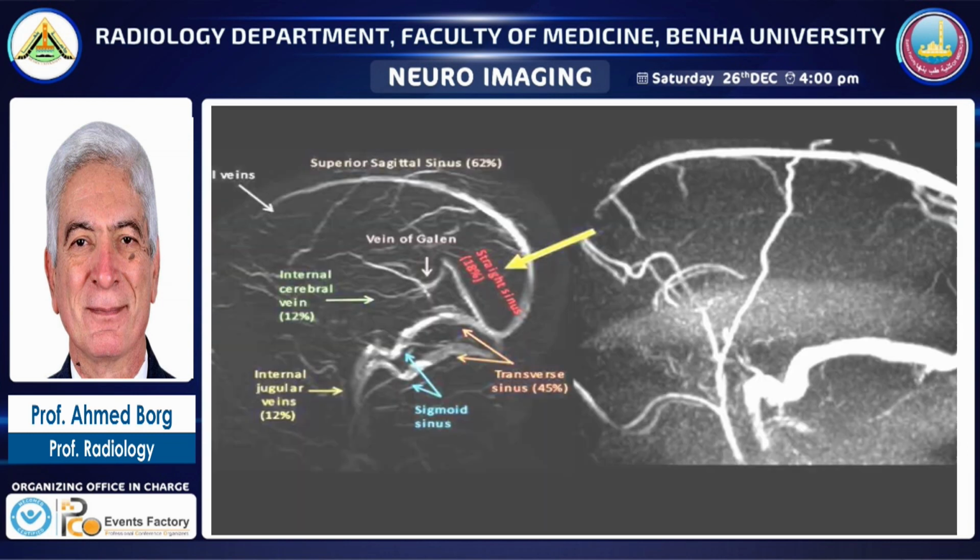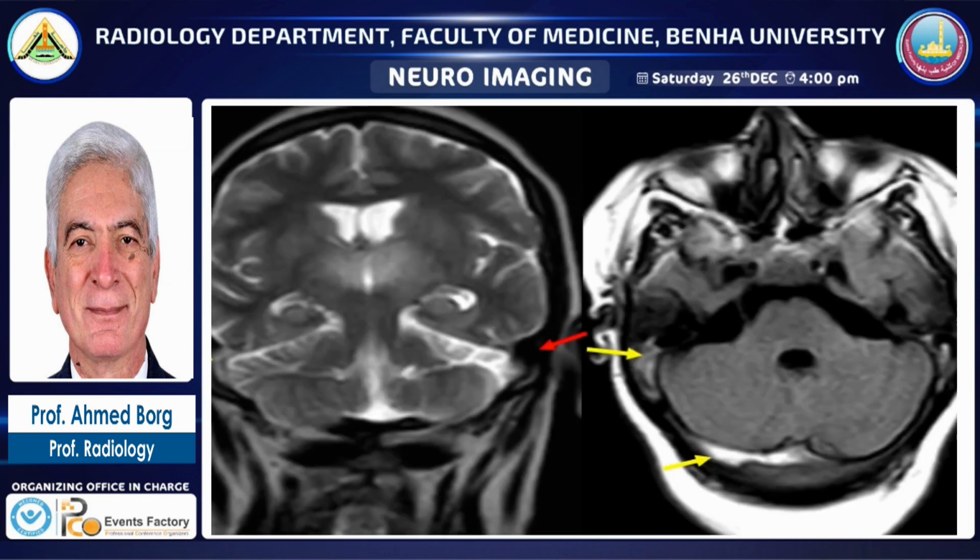This is the normal anatomy to compare with the case. Here is the straight sinus. There is no straight sinus here, and there is no vein of Galen. Vein of Galen normal, and the internal cerebral vein should be here.